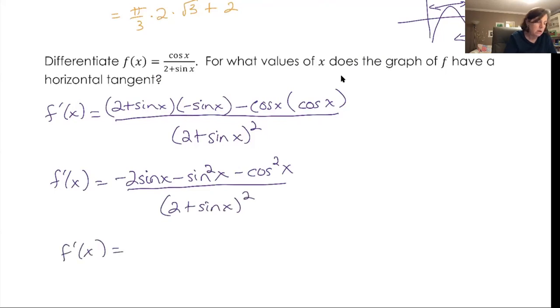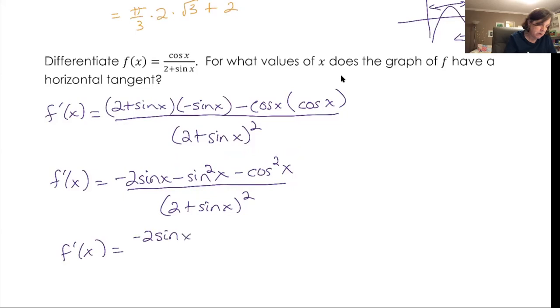All right, so focusing on this here. If I factor out a -1, I have sine squared plus cosine squared. That's one of the coolest trig identities there is.